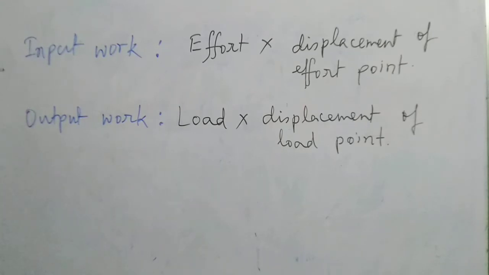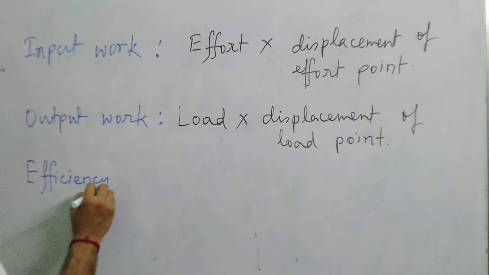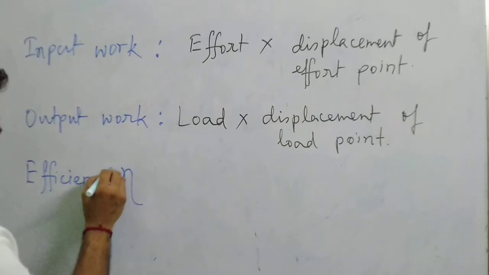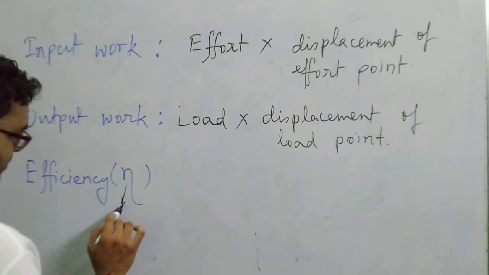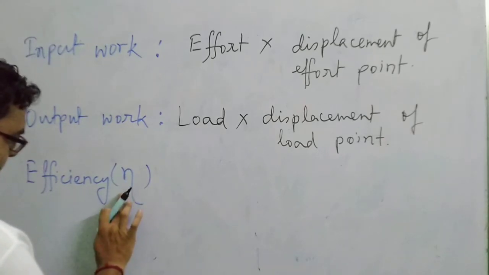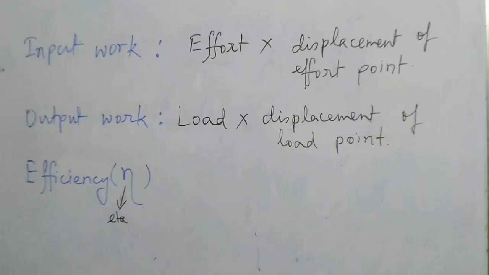Now the next term is efficiency. What is efficiency? It is generally denoted by the letter eta. This symbol is named eta.